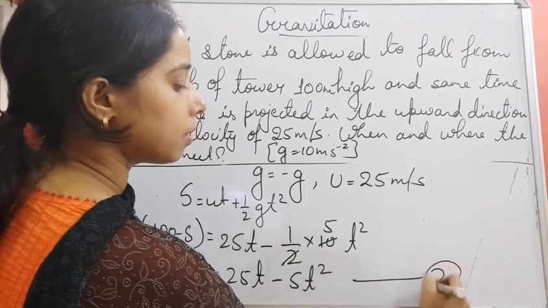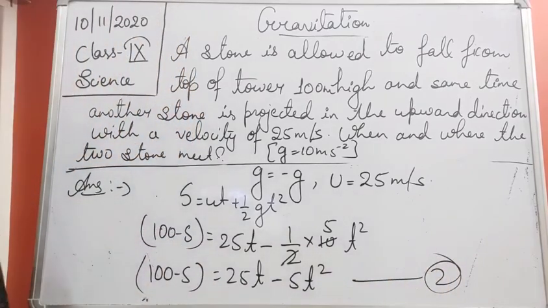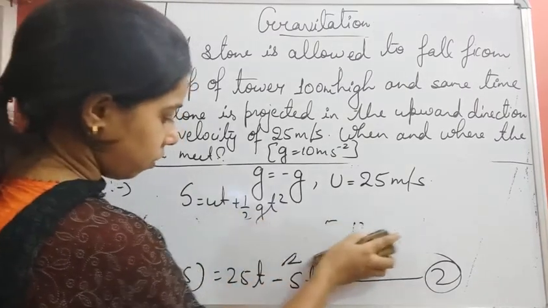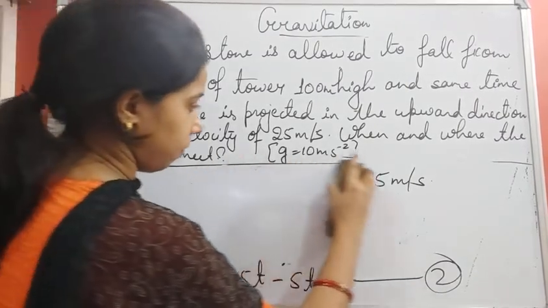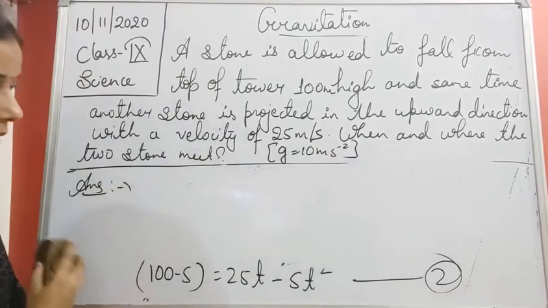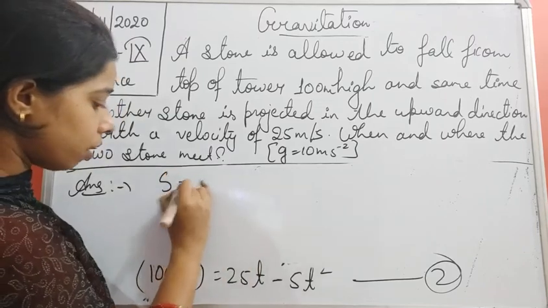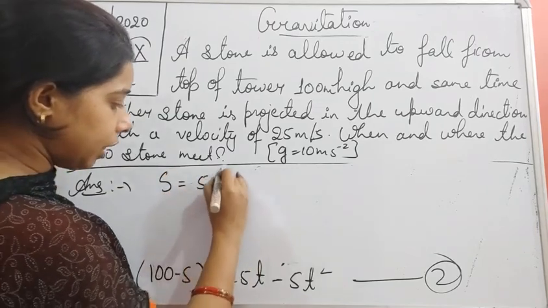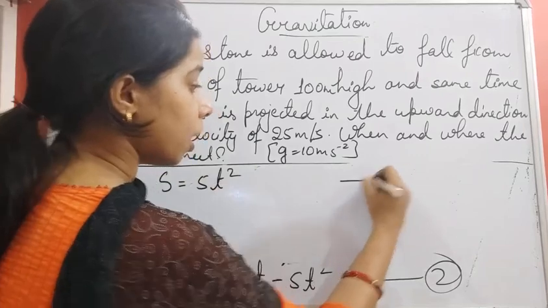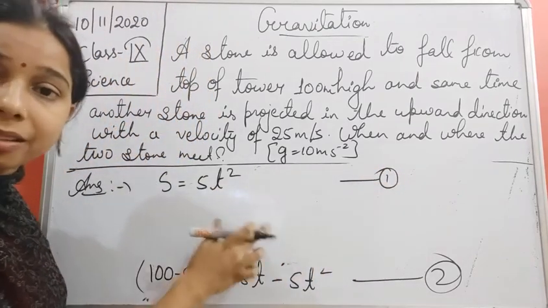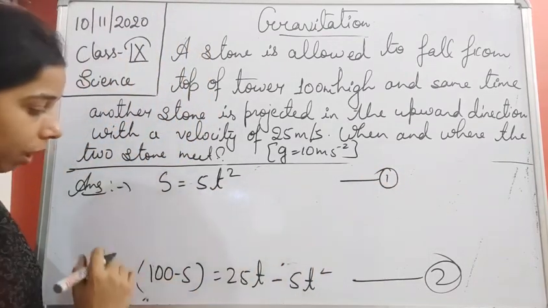This is the second one. The first equation was S is equals to 5t square. That was the first equation. Now adding both of them, that is the first and the second one, what we will get, students?